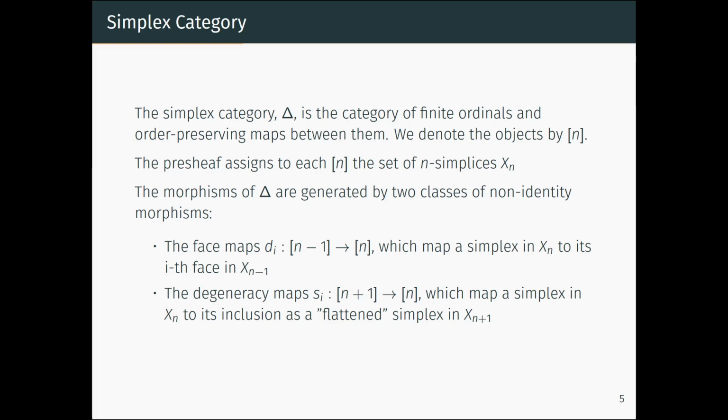And we have degeneracy maps, which include an n-simplex into an (n+1)-simplex by repeating a vertex. So you get a trivial higher dimensional simplex, or a flat one. These morphisms generate all of the morphisms in this category just with compositions.